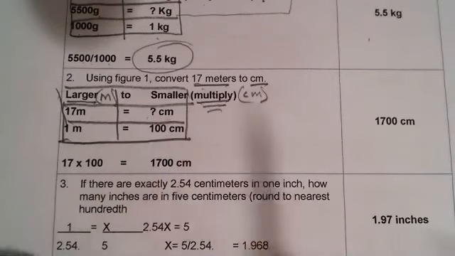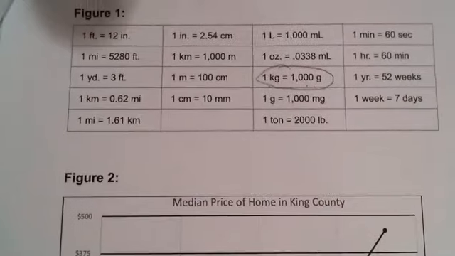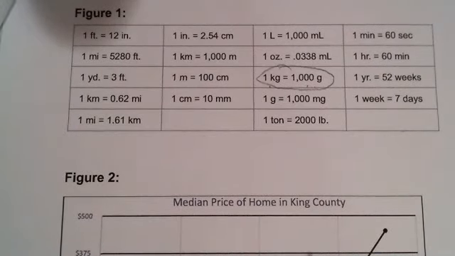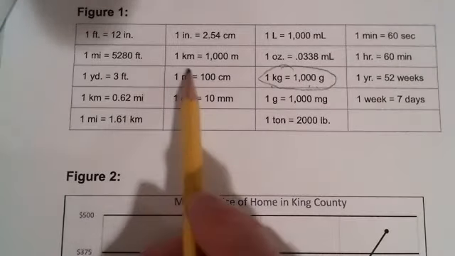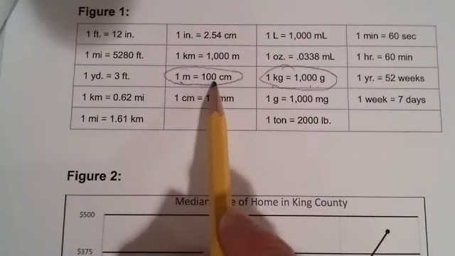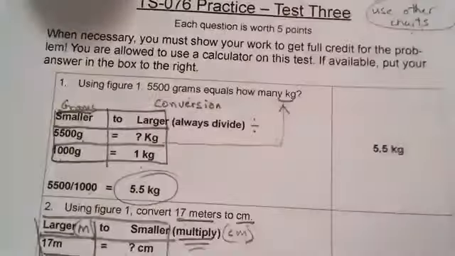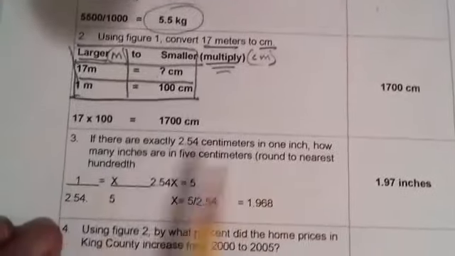We looked it up on our chart, meters and centimeters. So I flip over to my chart, and right here it is: 1 meter is 100 centimeters. You'll have this chart, by the way, for your homework. So I put it on my chart.